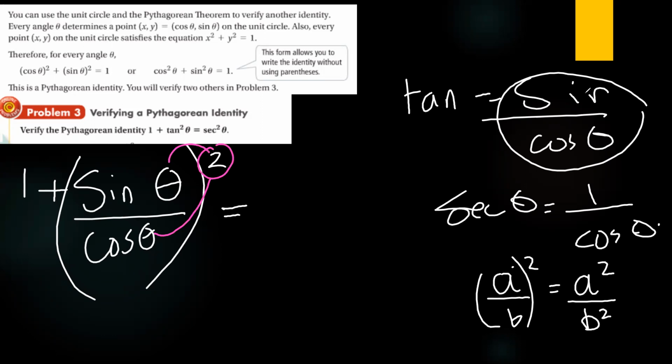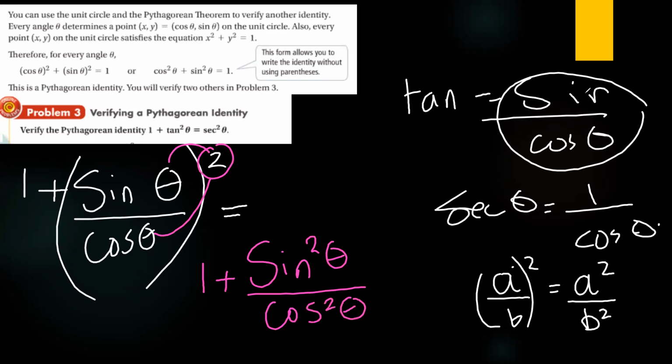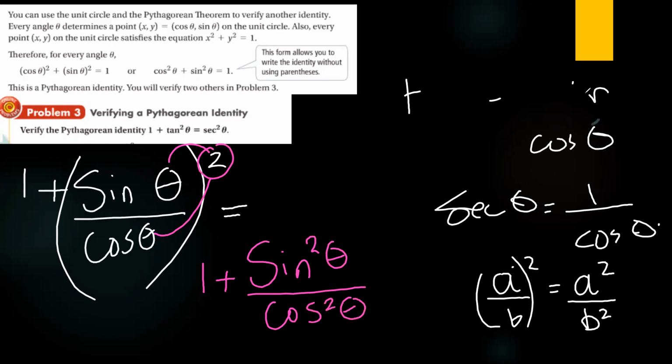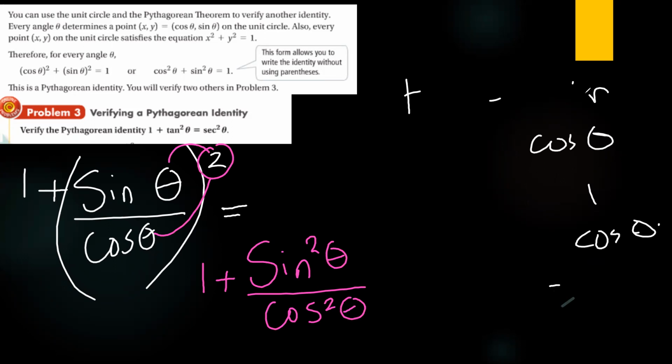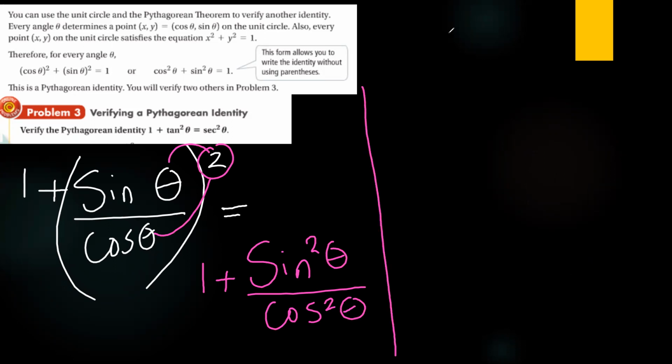So we can rewrite it now as 1 plus sine squared over cosine squared. Then 1 plus sine squared over cosine squared.